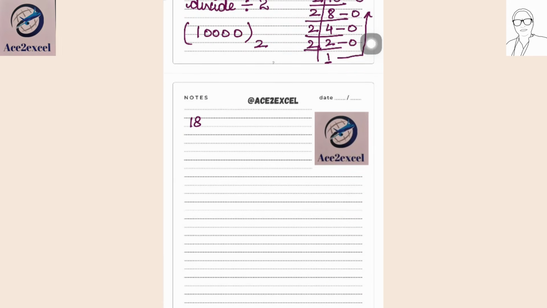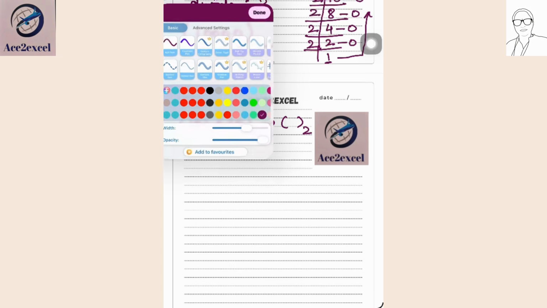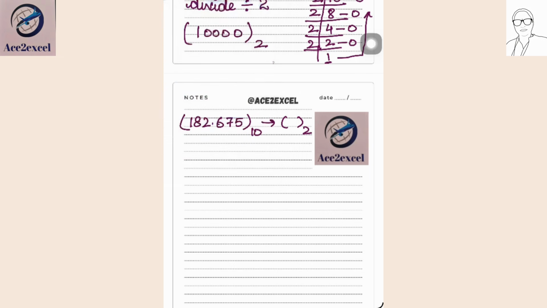Let us say we want to convert this decimal number into its equivalent binary. Now, while we are solving these questions, kindly note that this question has 2 parts, one integer, another fractional.